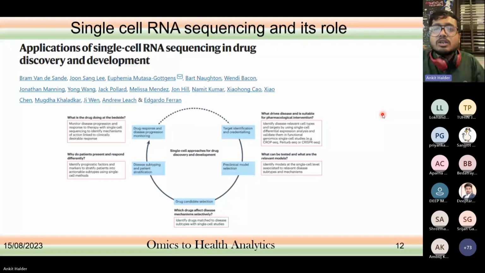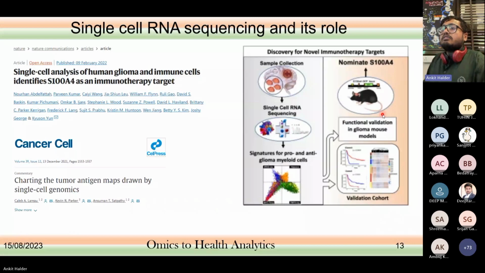remain unknown. Whenever bulk RNA-seq is performed, this information becomes lost. What happens in single cell RNA technologies is that when we do single cell RNA sequencing, we try to map the cells.